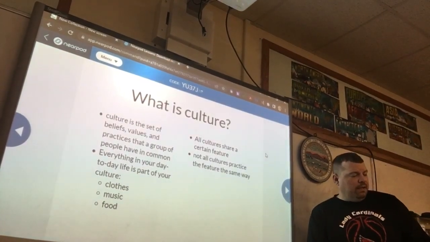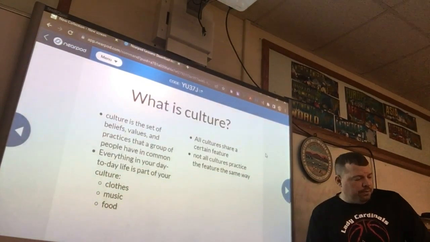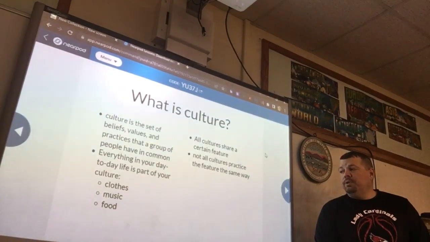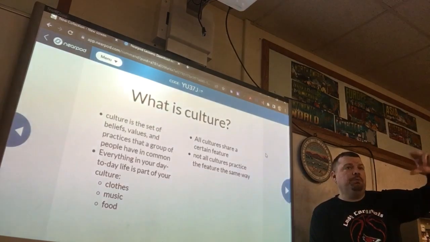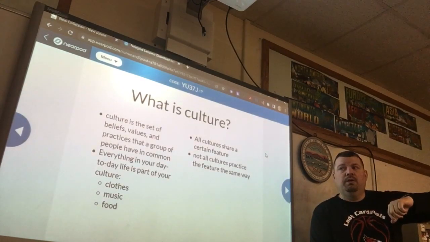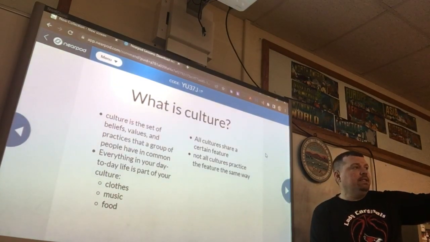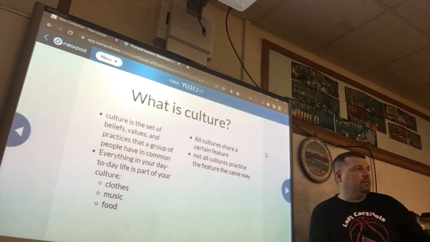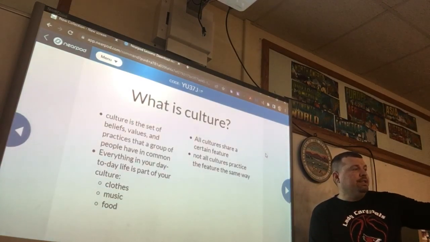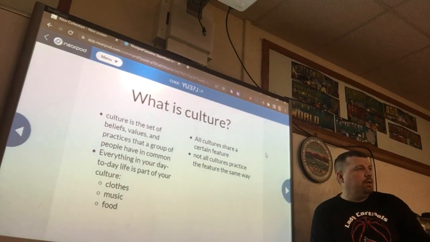everything in our day-to-day life is part of our culture. Our clothes, our music, and our food. So if you look around the room at all of our culture posters that we have up, you can see that we have an example of the clothing on each one of those posters. How people dress in all the different spots. And you can see that it's different in each spot.